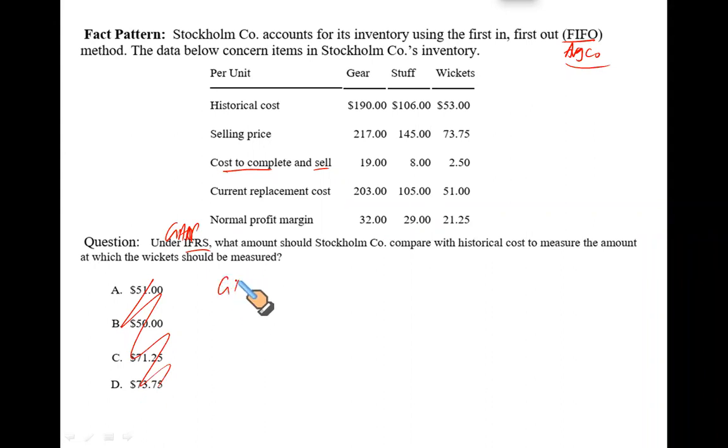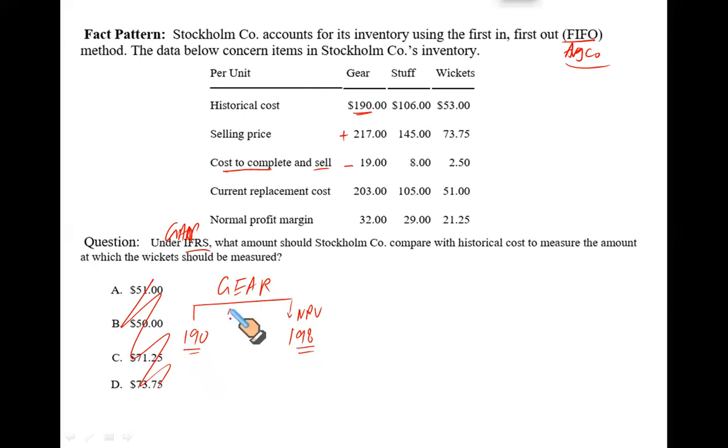First, let's take gear. For gear, the historical cost is 190, given right here. What about the NRV? We know NRV is the final selling price minus cost to complete and sell. 217 minus 19 gives you 198. Now, gear has a cost of 190 and the NRV is 198.